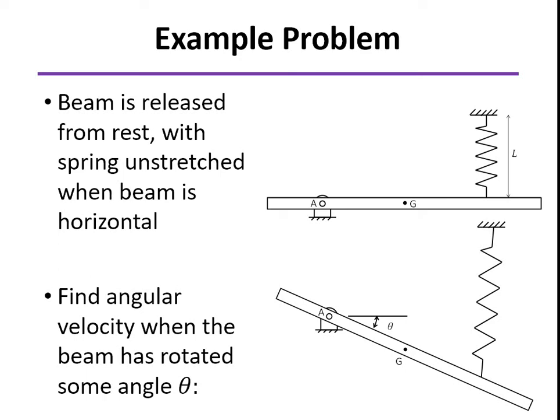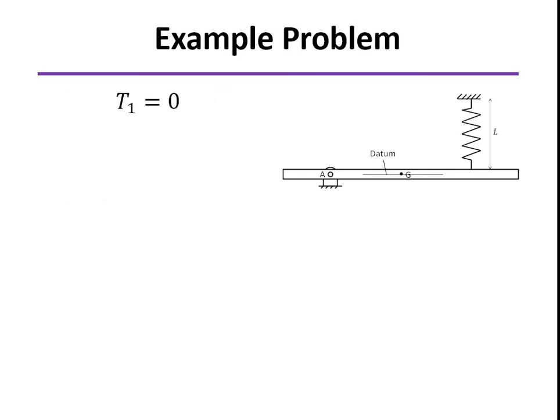We've just got weight and a spring doing work in this case, so we can use conservation of energy. We start from rest, so once again kinetic energy is equal to 0. If we set the datum at the height of the center of mass to begin with, and the spring is unstretched, then the potential energy is also equal to 0.